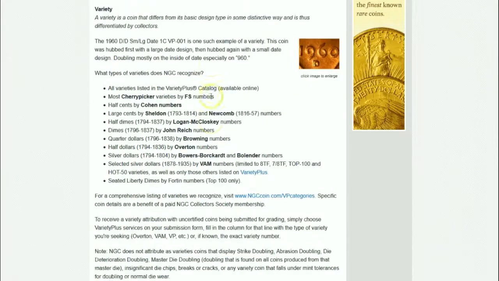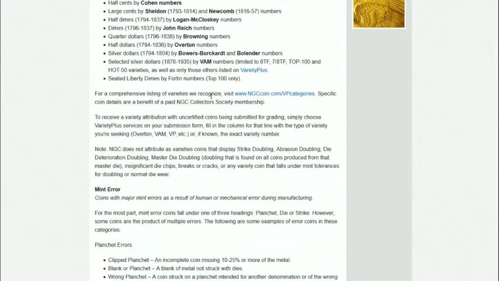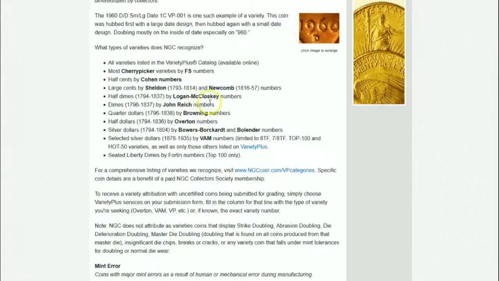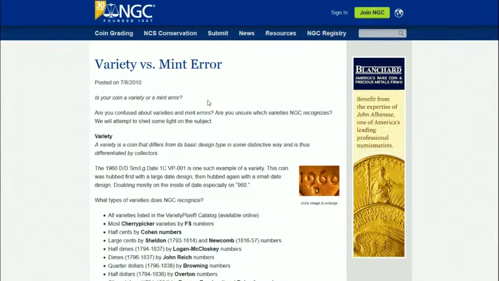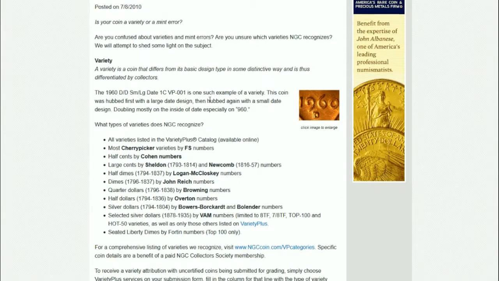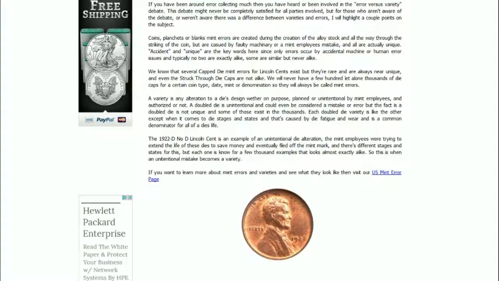Sort of a broad definition. And a mint error is a coin with major mint errors, which never defines a word. There's a rule that you never define a word with its own word in its definition. So I don't take NGC's site here, or this particular article, very seriously, because it's kind of very broadly brushed.